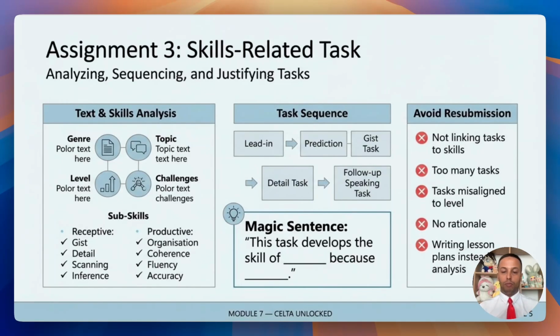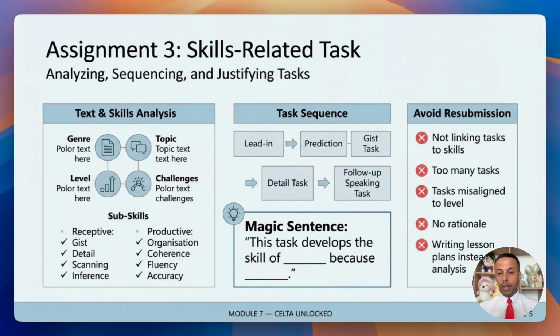Detail task: it's digging deeper and deeper, also deeper engagement, looking for specific information. Follow-up speaking task. All right, good.